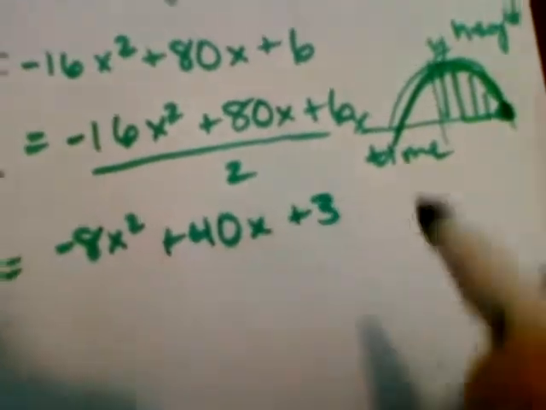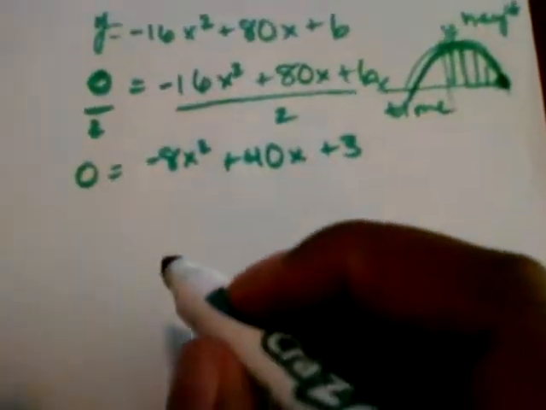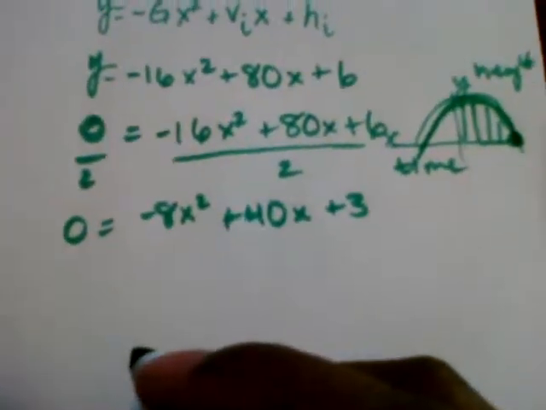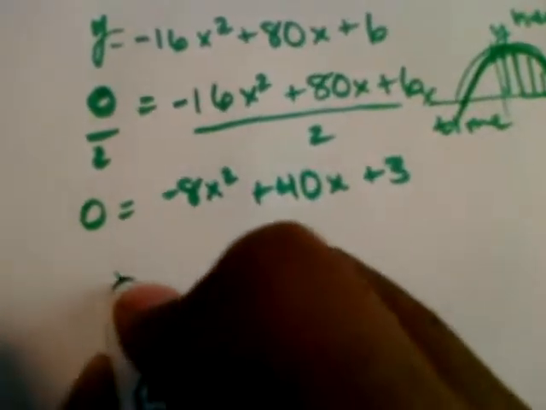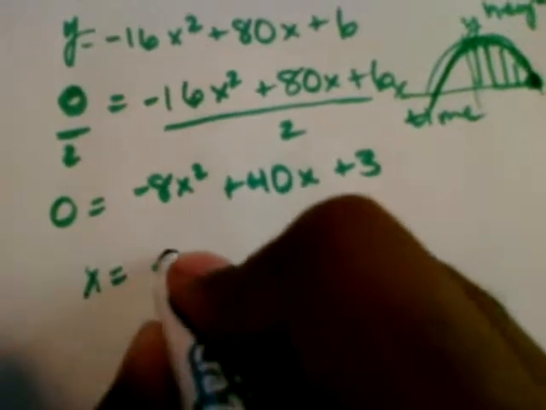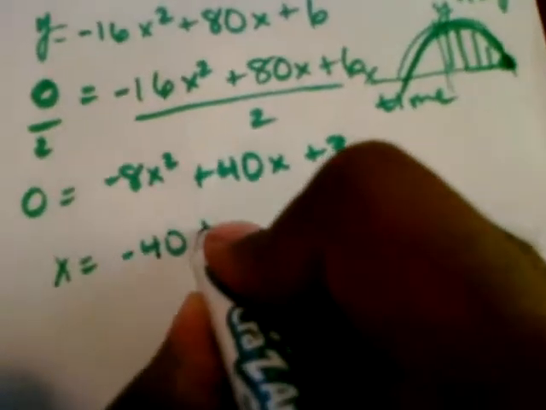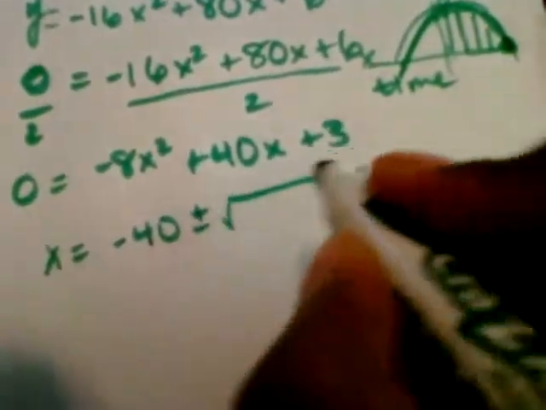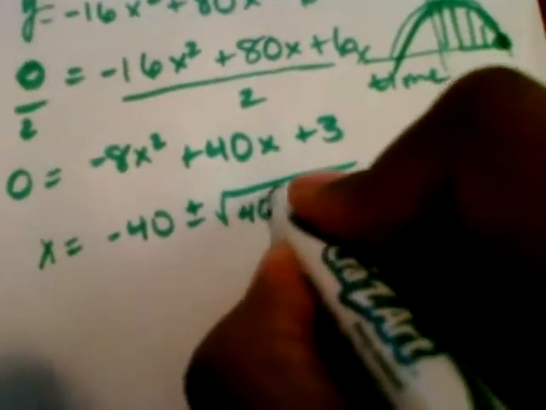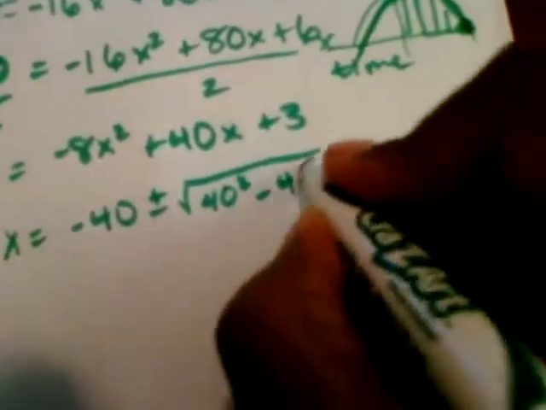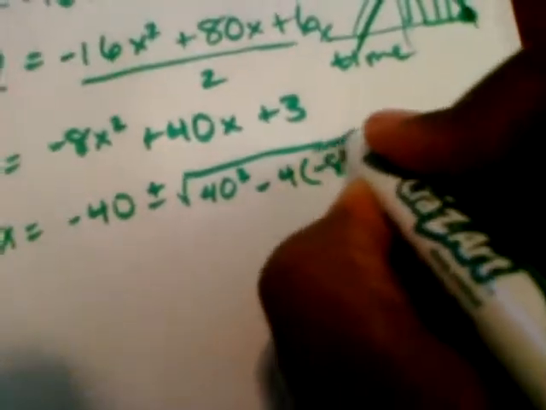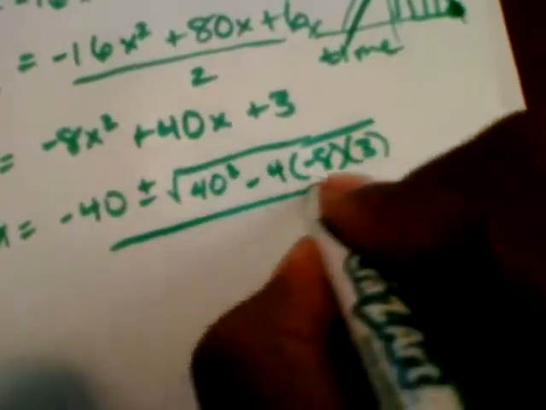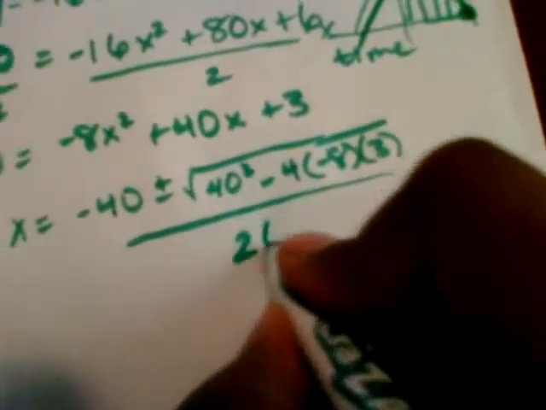So now I put everything into the quadratic formula. X equals negative b, negative 40, plus or minus the square root of b squared minus 4 times a times c, all over 2a, and a is negative 8.